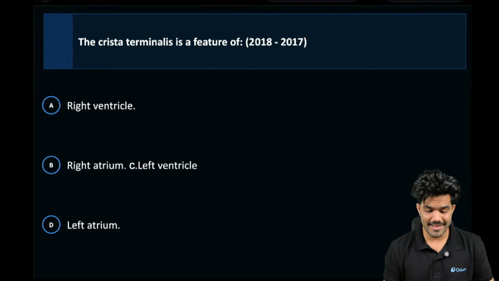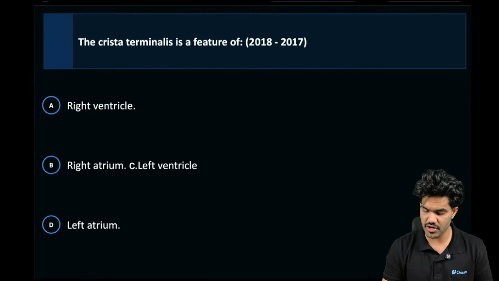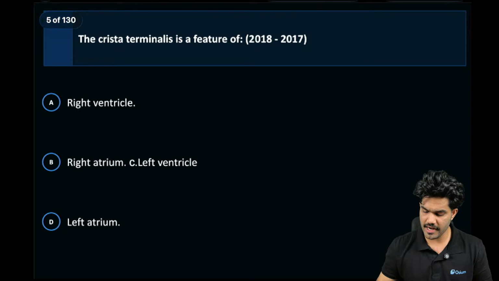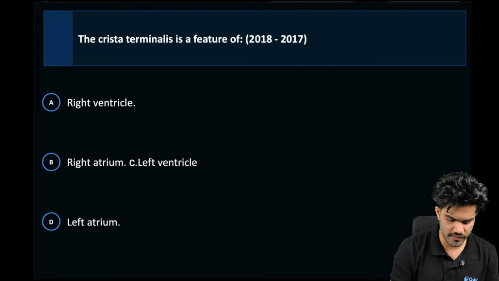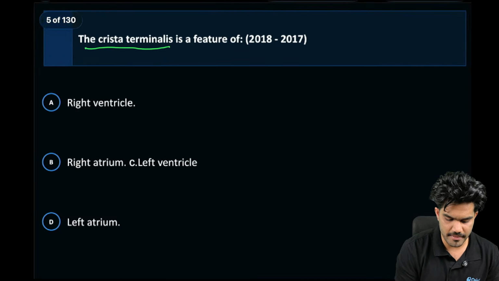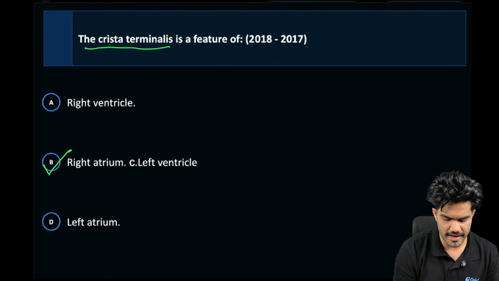Next question. The crista terminalis is a feature of? We all know crista terminalis is a feature of the right atrium. What is crista terminalis?